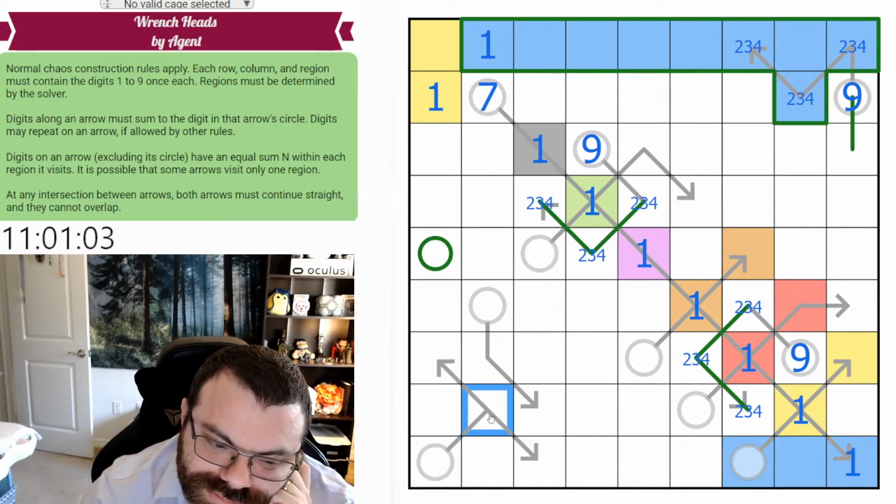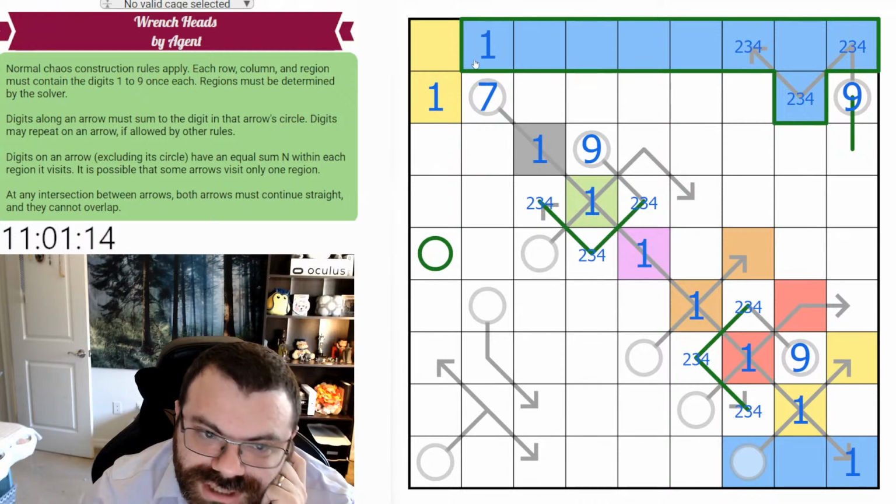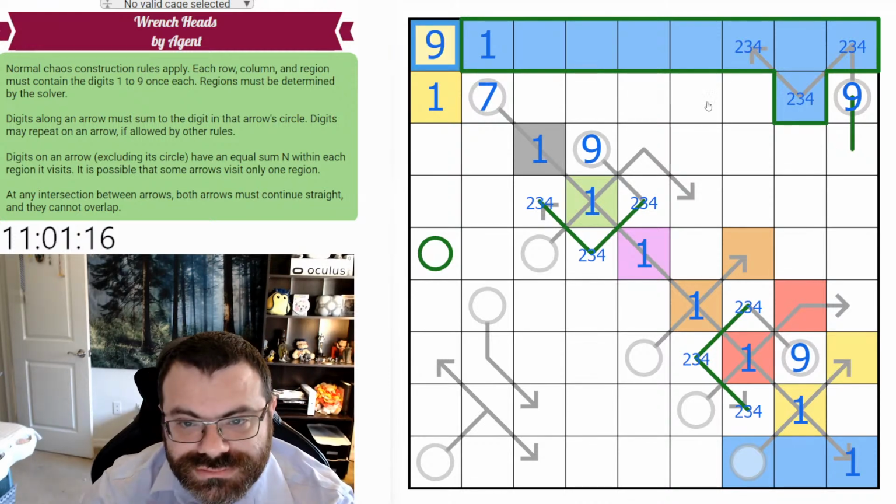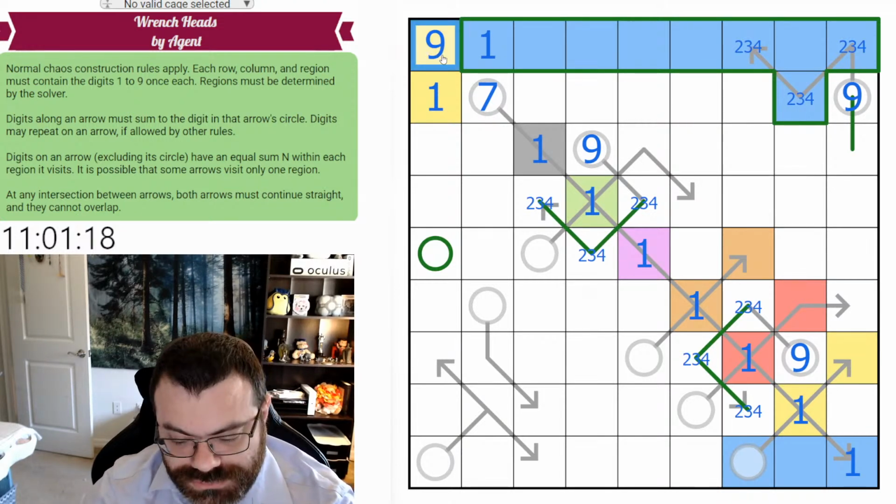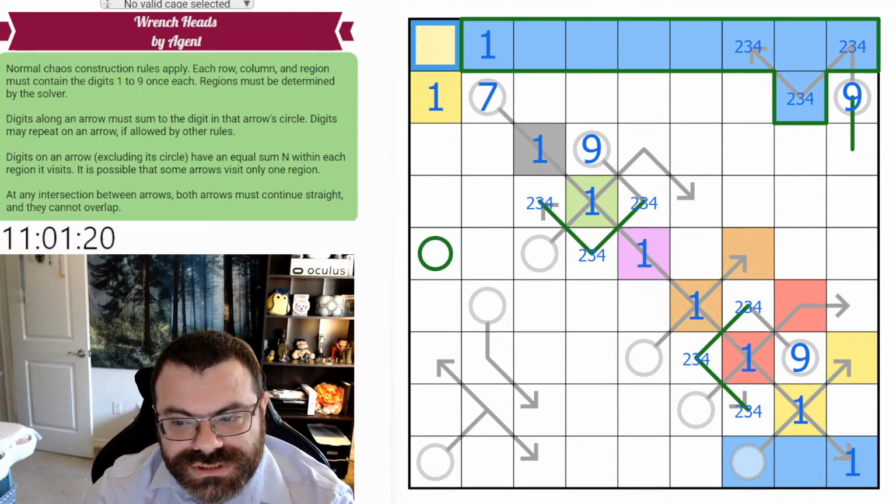This arrow. Oh yeah, 9 in row 1 goes here. Wait, does it? No, to this 2, 3, 4 goes here.